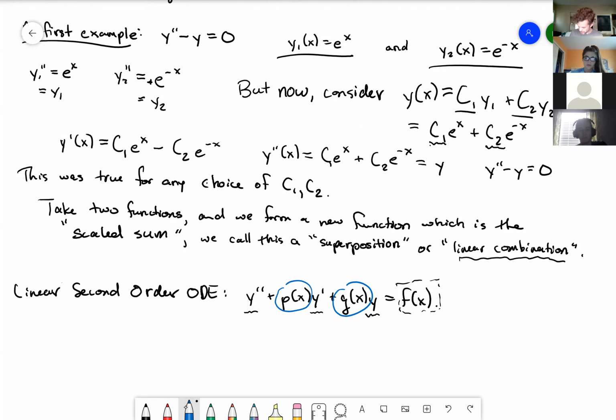We could have another function in front of the y double prime, but just think of it as we divided through by that one. So this one, we can always assume is just one. And then we're adding them together. The thing that we're scaling them by are functions of x. And then on the other side, we have this thing that's entirely a function of x that we call f of x. So this is the general form for a linear second order ODE.